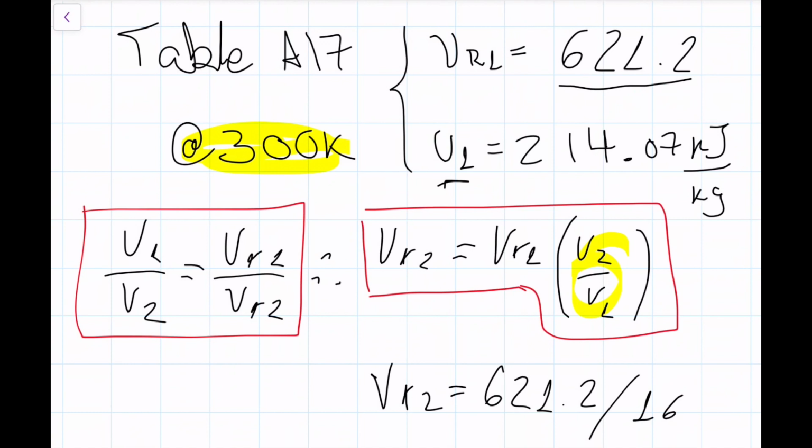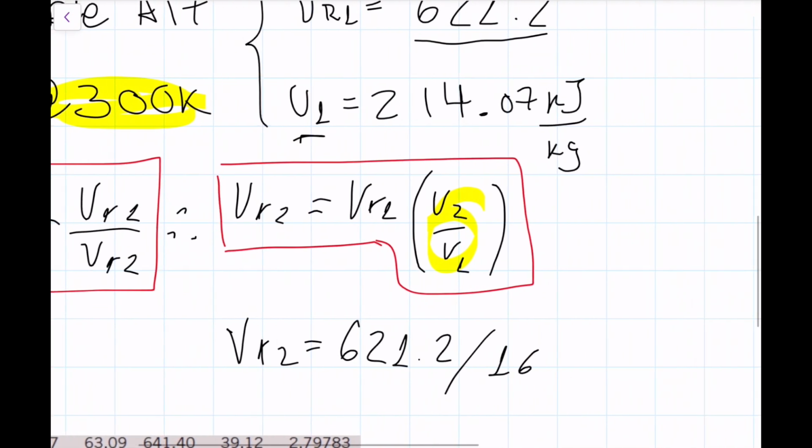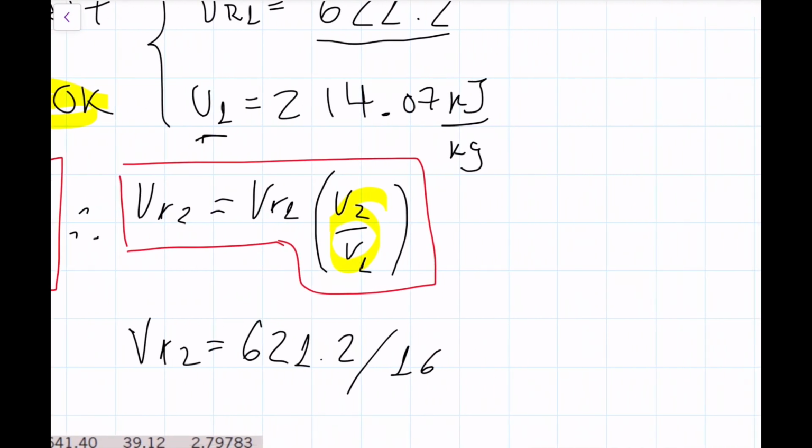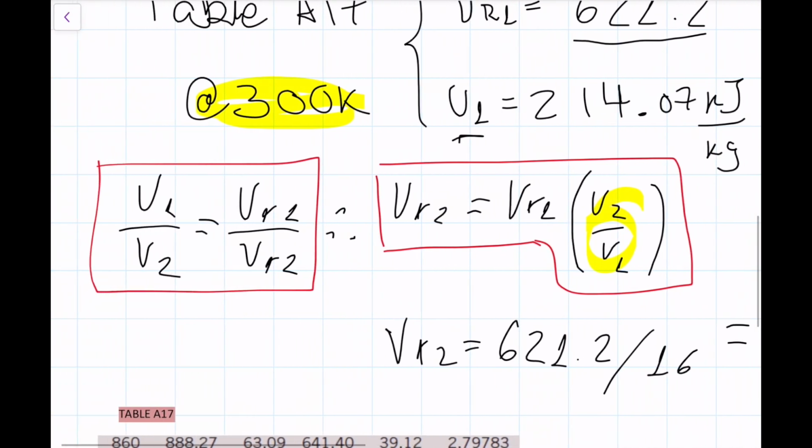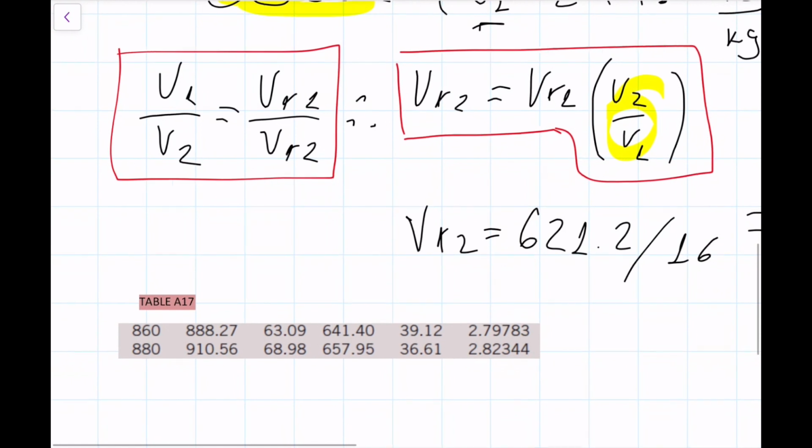Cool. So with that, I can grab my VR2, which is 38.82. And with this information, I can go to the table again, A17, and I can find 38.82.